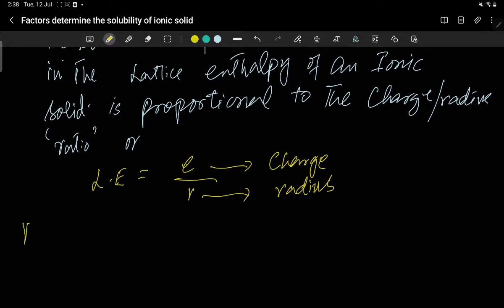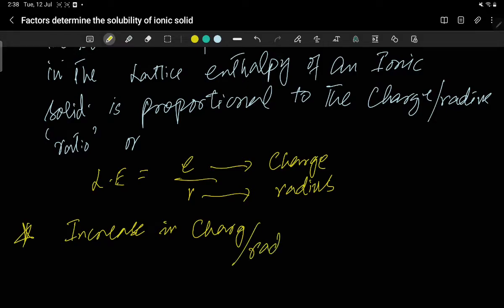So an increase in charge over radius. This is collectively known as charge density. The combined effect of charge over radius is known as charge density.